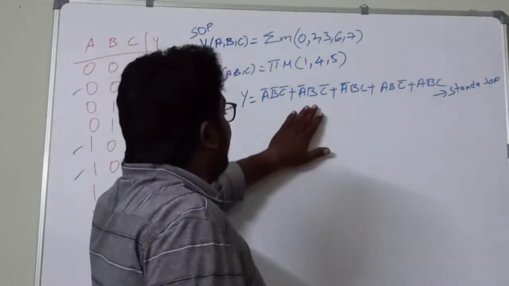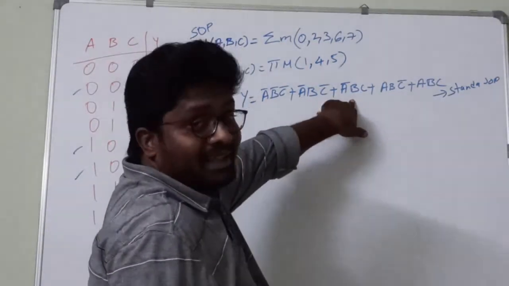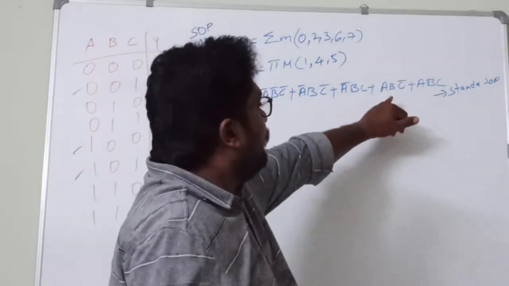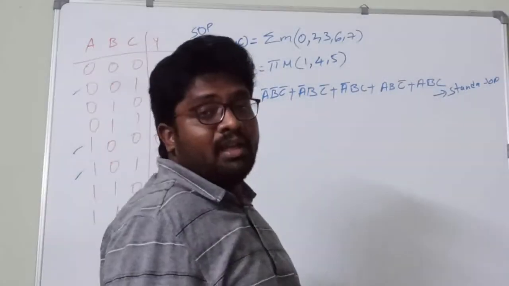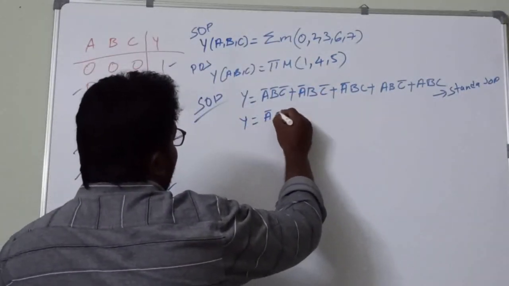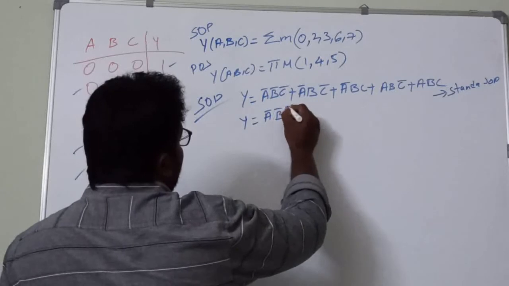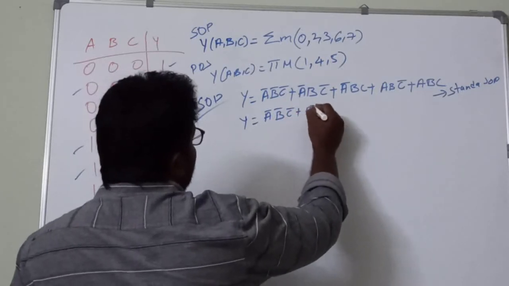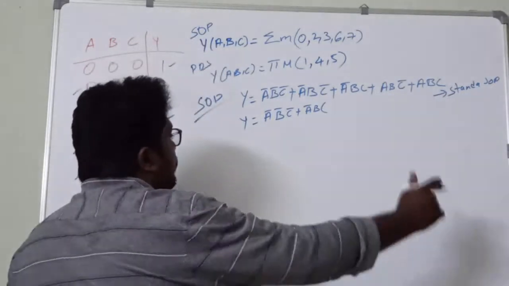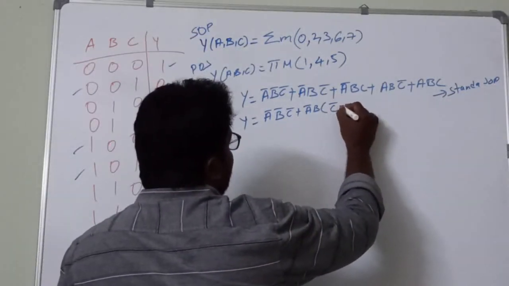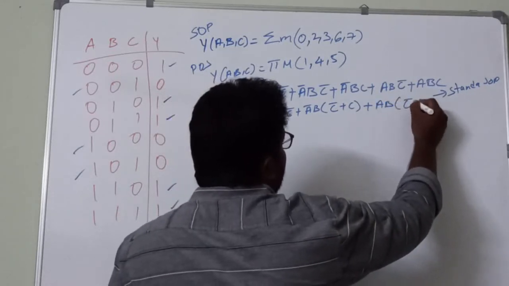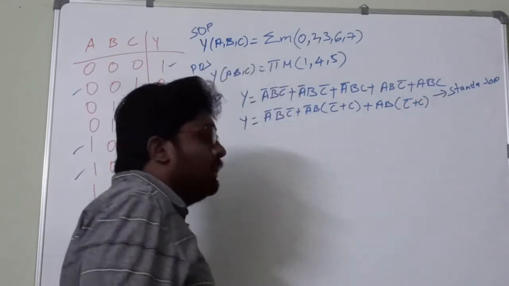So here if you observe these 2 and 3 terms, we are having A complement B as common, right? And 4 and 5 expressions we will be having AB as common. So now the expression will become as A complement B complement C complement plus A complement B, and I am taking the A complement B as common, C complement plus C plus AB as common, C complement plus C, right?